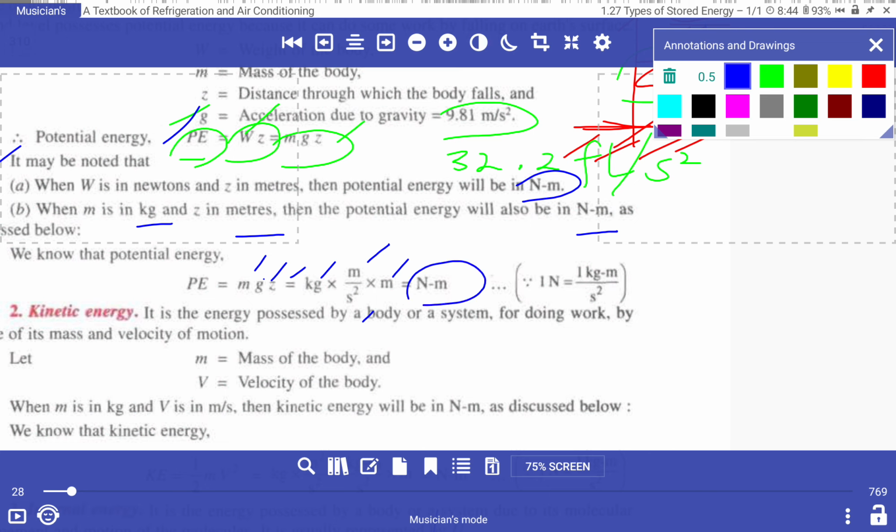Okay, this might be given as in a board exam for the unit analysis. So this is very important. Therefore 1 Newton is equal to 1 kilogram meter per second square.